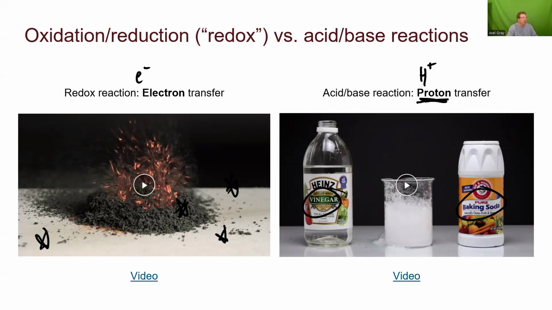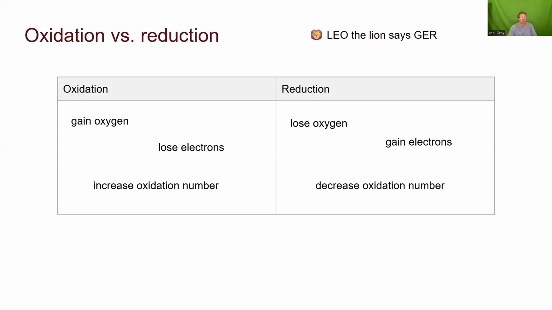Now, whenever you think about an oxidation reaction or a reduction reaction, you've maybe heard of this mnemonic. Leo the lion says grr, or being in Texas, another mnemonic that folks often use is oil rig.